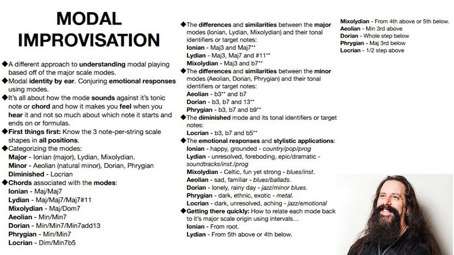So if you're playing in more of a bluesy way, and then you add in the Dorian sound, in this case it's going to be adding in an F sharp.